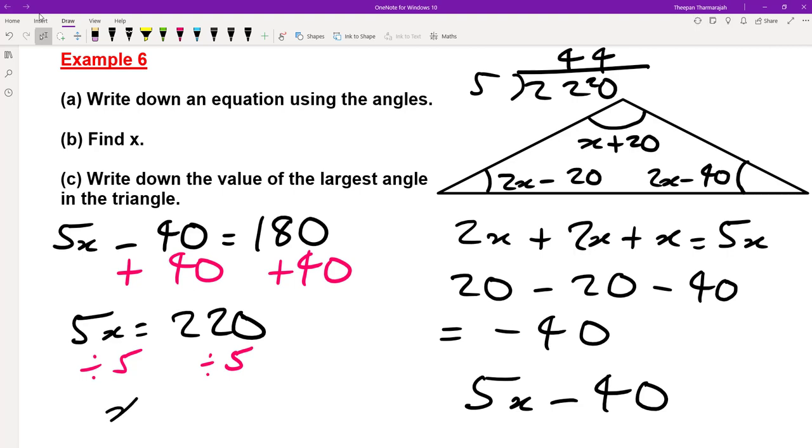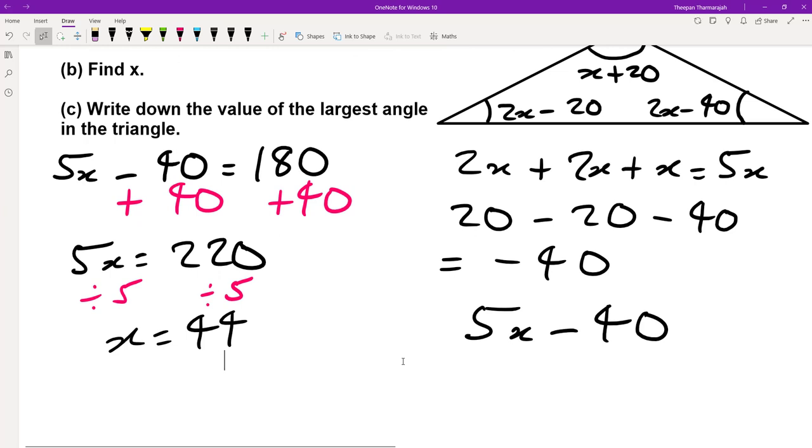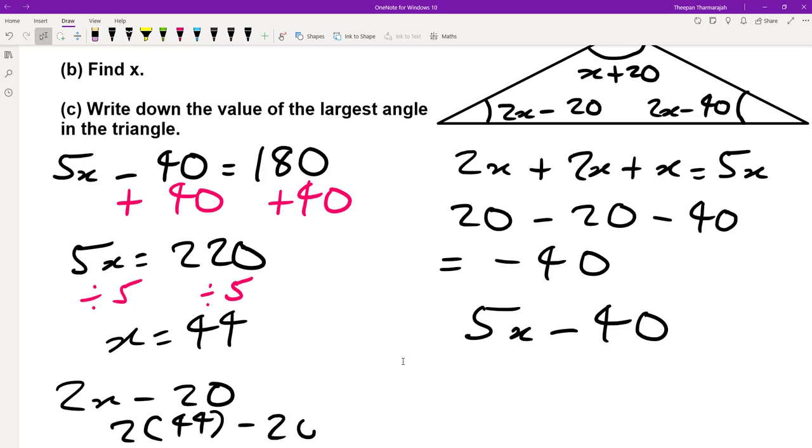So we get x equals 44. But then it says to write down the value of the largest angle in the triangle. So we can see that the largest value in the triangle here is actually going to be 2x minus 20. So we're going to say that it's going to be 2x minus 20. So 2 times 44 minus 20 is 88 minus 20, which is 68 degrees.